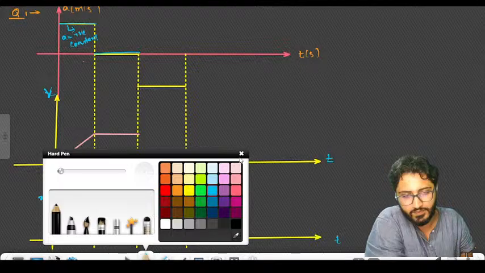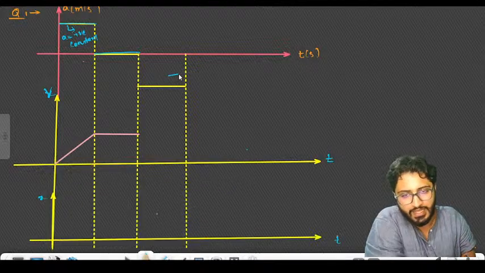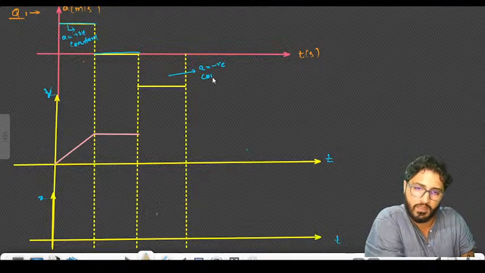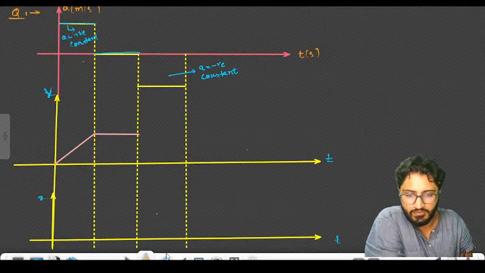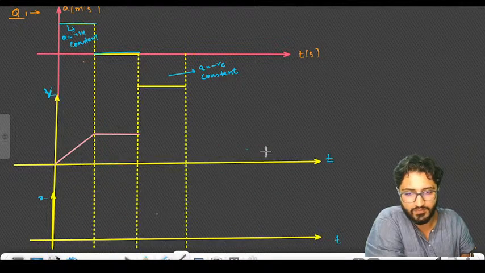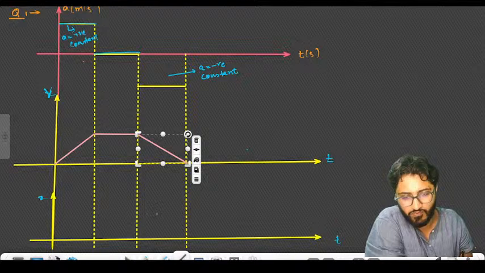Third case, here also my acceleration is negative but constant. What will be my VT? It will be decreasing, no? So it will be a decreasing graph here. It will look like this now.